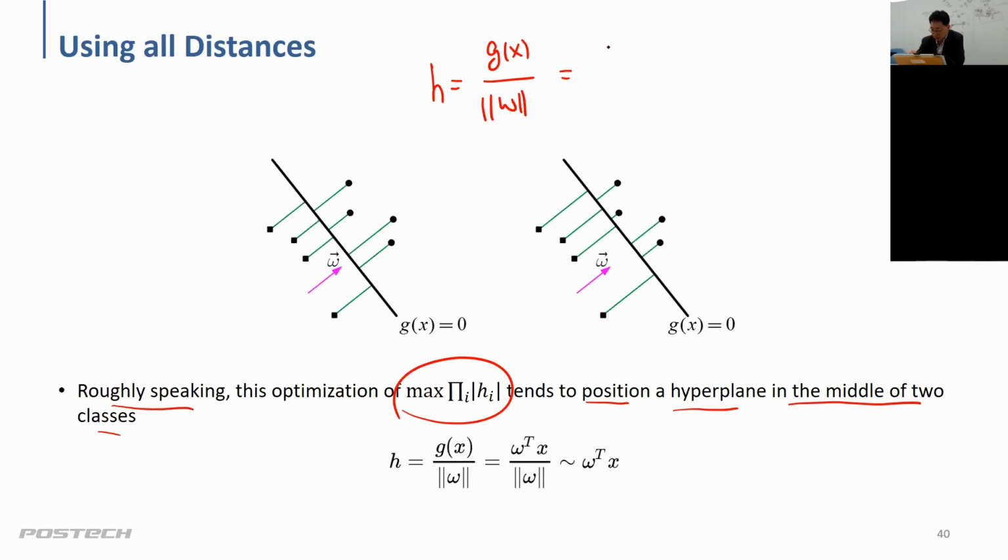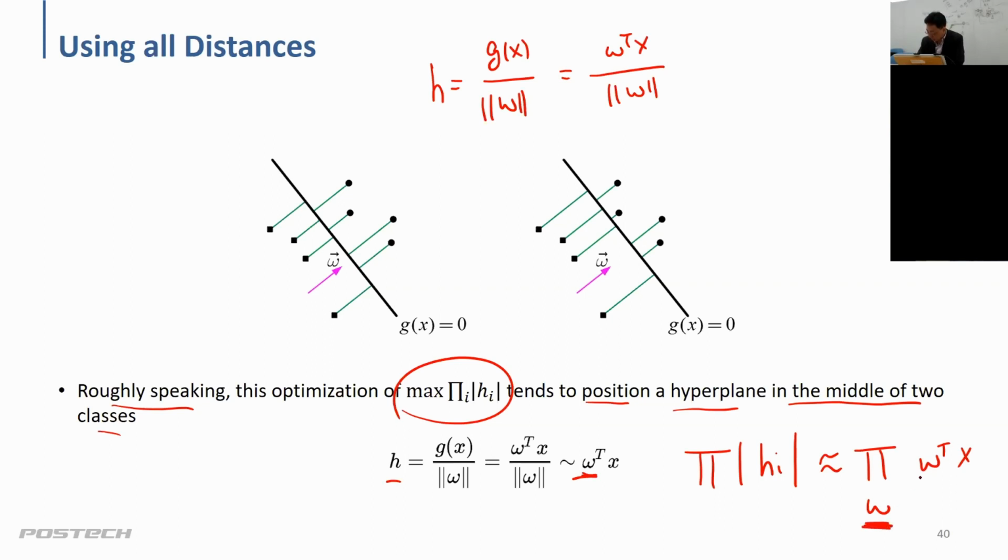And this one is omega transpose x, and h is a function of omega. So what I'm trying to say is that we have x here, so there will be the decision variables for omega transpose x.